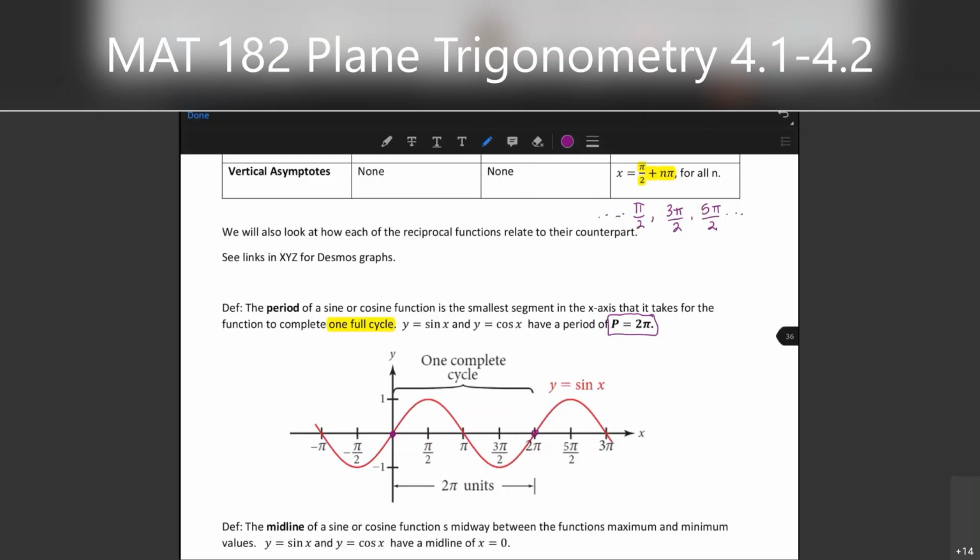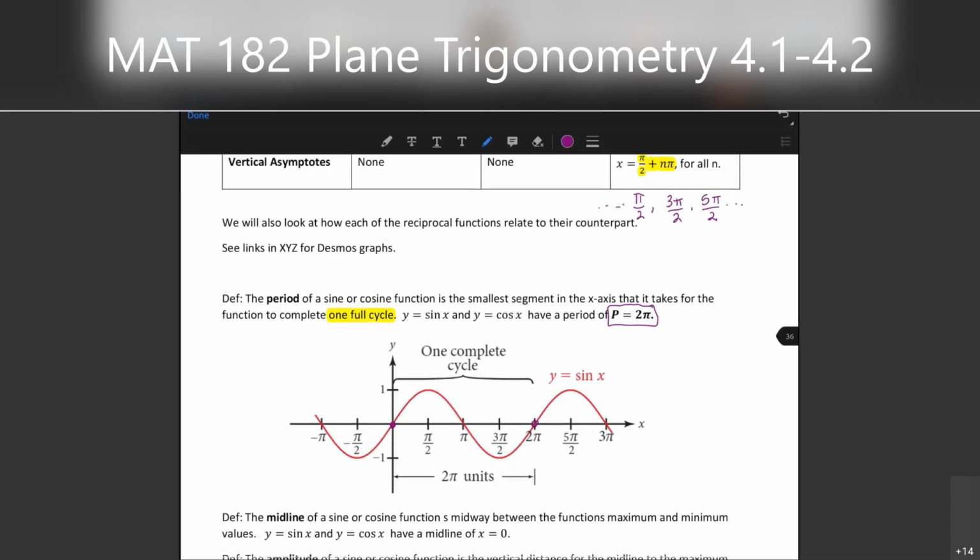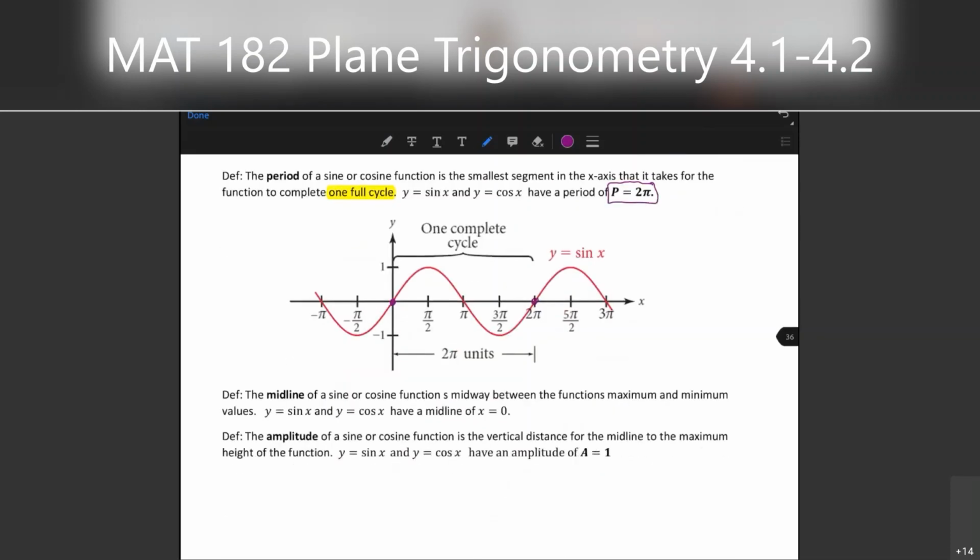The second thing that we can change for our function is the midline. The midline is defined as midway between the function's maximum and its minimum. So for this function that's graphed, our midline would simply be y equals 0.